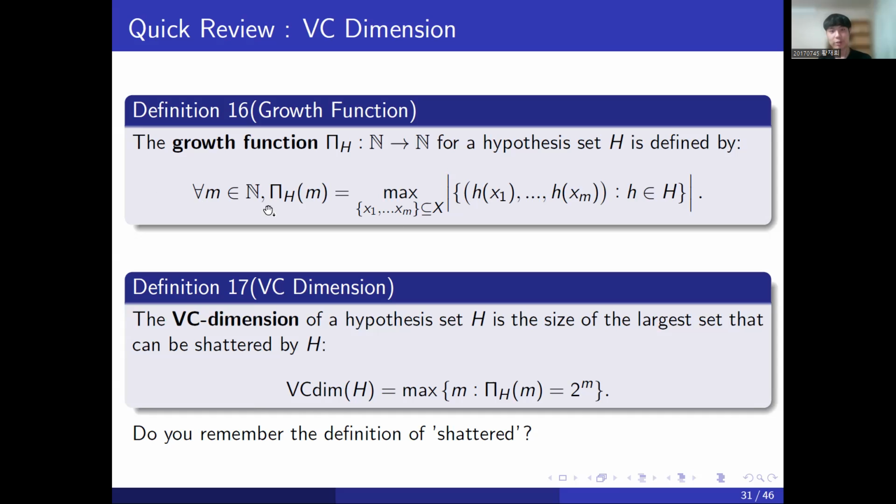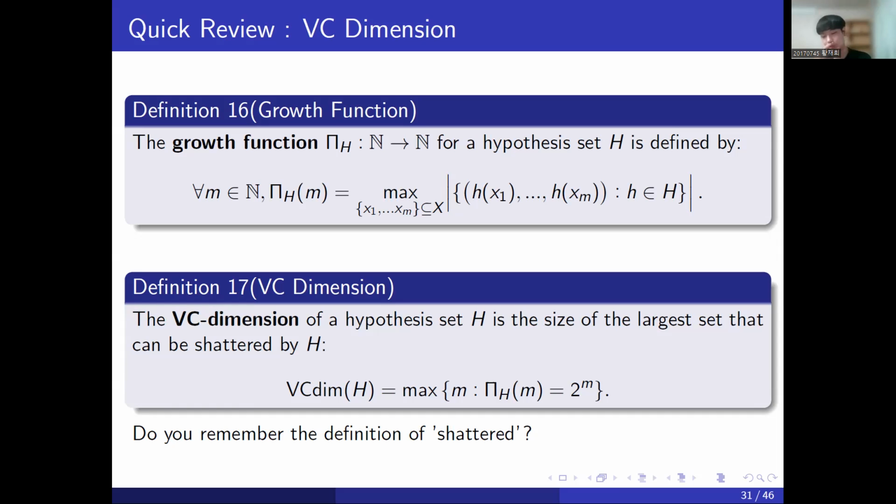This mathematical equation looks quite complicated, but you can think of it like this. The growth function is the maximum number of distinct ways in which m points can be classified using hypotheses in H. Each one of these distinct classifications is called a dichotomy, and thus the growth function counts the number of dichotomies that are realized by the hypotheses.